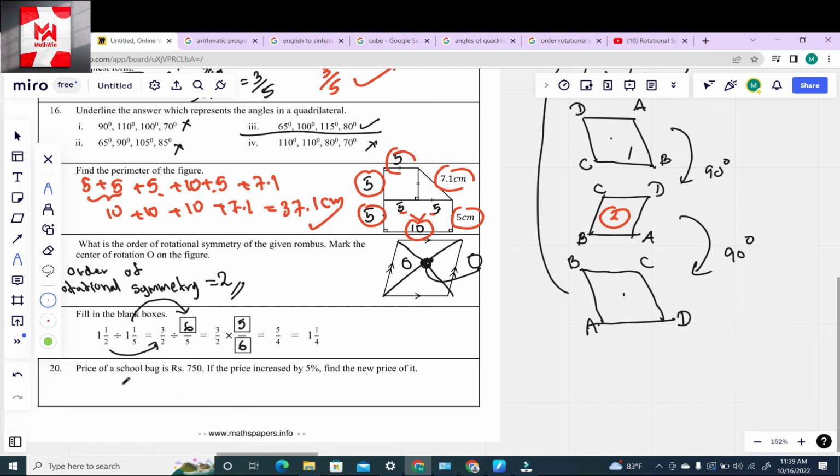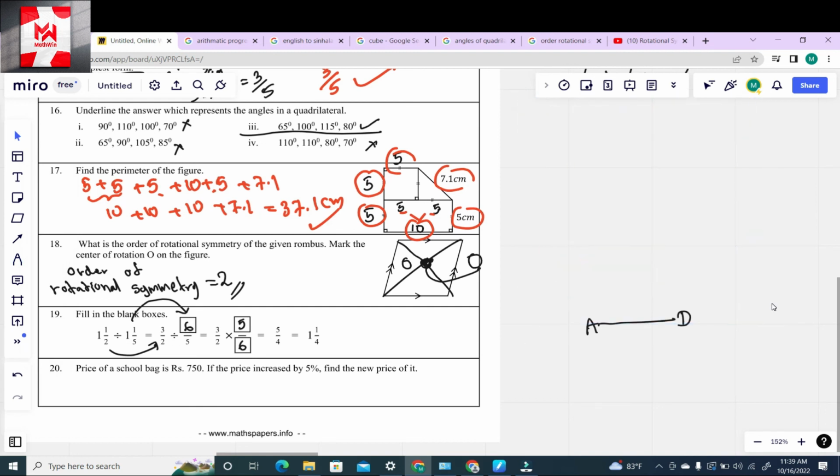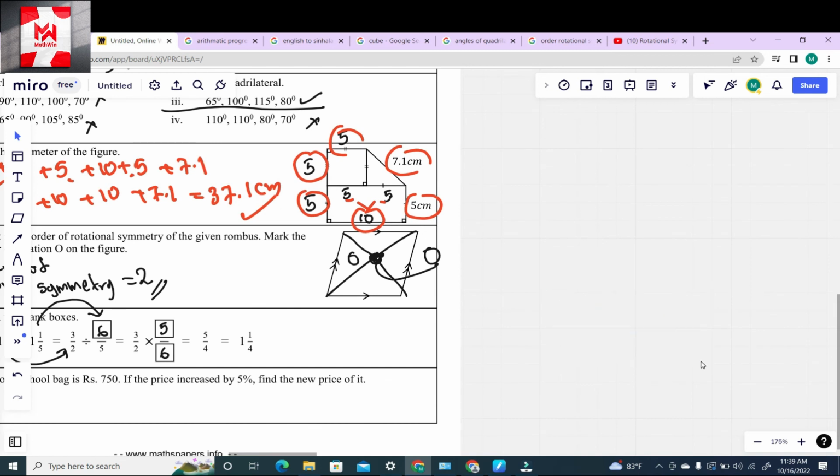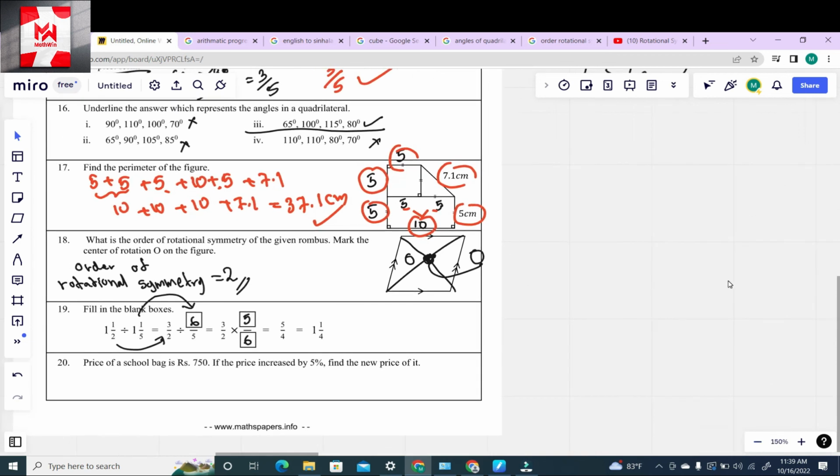Okay, question 20. The price of this school bag is 750. If the price increased by 5%, find the new price. Okay, that means the price of this school bag is 750.